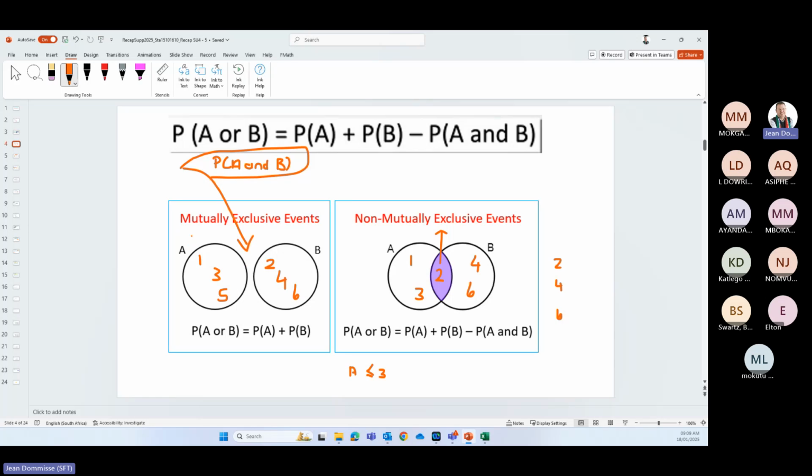When it's mutually exclusive, there is no number in both sets. That is how we look at mutual exclusivity.